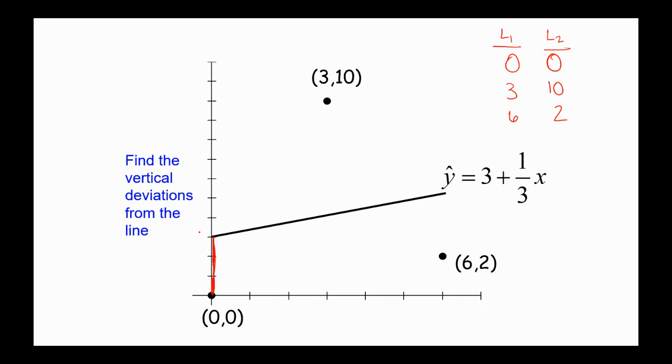Our intercept is up here at 3. So this deviation would be -3. Okay, now I need to figure out what point I'm going to be at right here on the line.